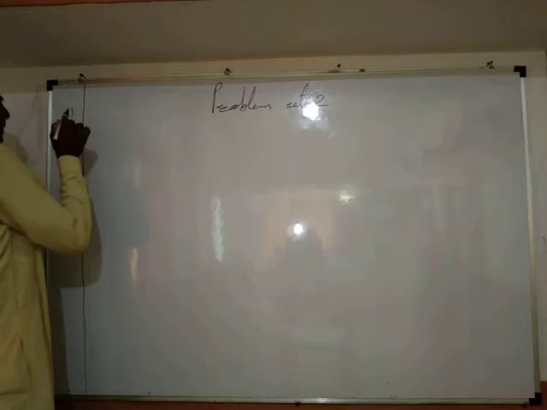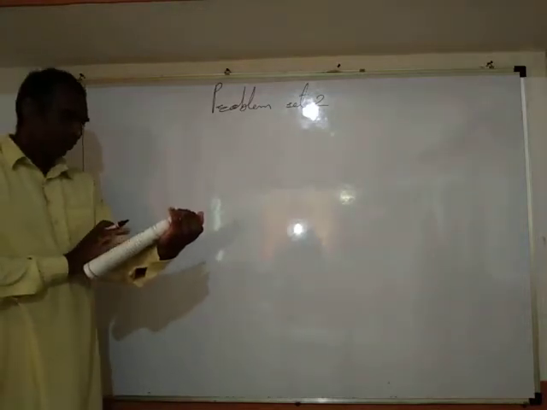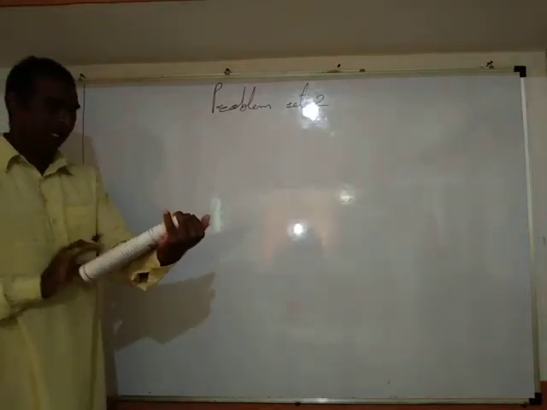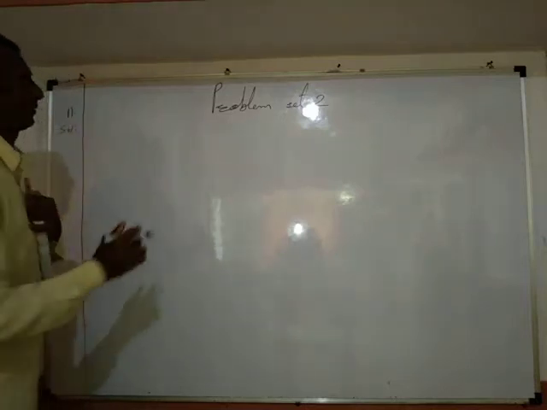Solution. Okay, the statement is Mukund possesses rupees 50 more than what Sagar possesses.